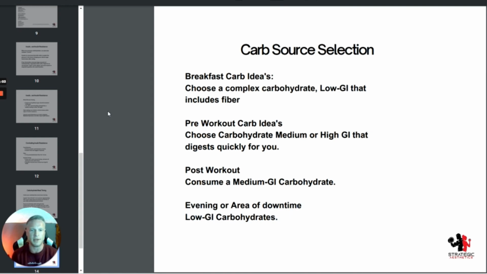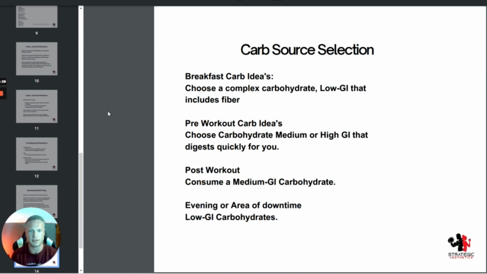Post-workout, we're looking for something medium GI as well. You could go low GI here, but either one essentially is going to work for you. If you're someone that is combating insulin resistance, we would go low GI, but for most, we can do a medium GI here and get that digested quickly, and then low GI complex carbs for the rest of the day.